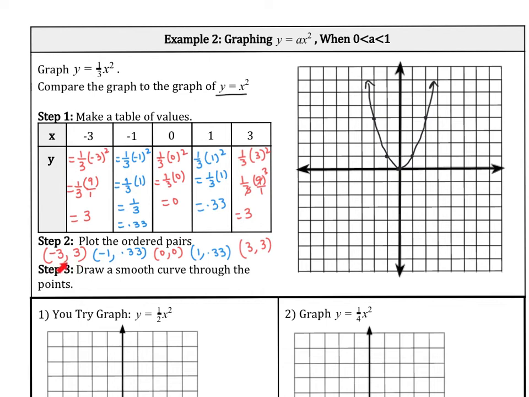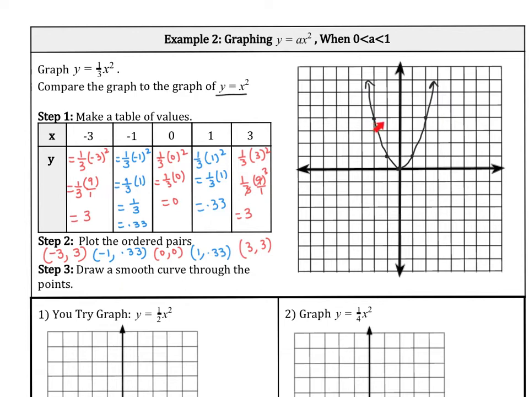Whatever you got for -3, that's exactly what you're going to get for +3. For -3 you got 3, for +3 you got 3 as well. Since they are symmetrical values, whatever you got for -1, that's exactly what you got for +1. Whatever value you got for 2, you got for -2.